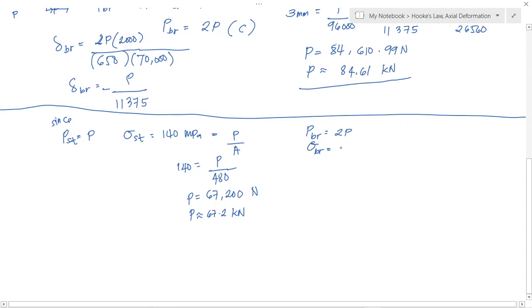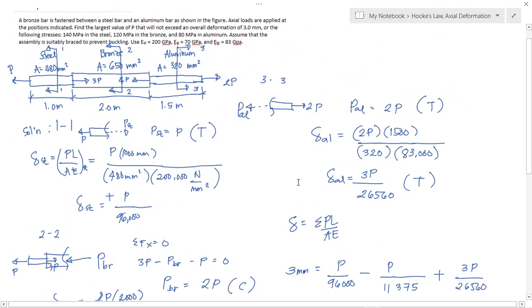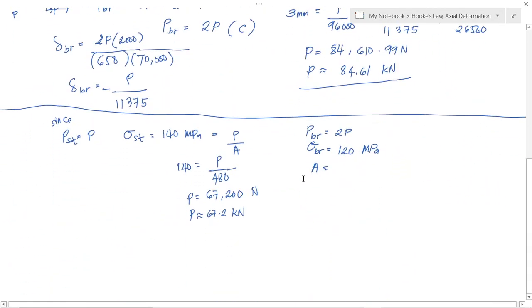Considering P over A, the cross-sectional area is 650 square millimeter.